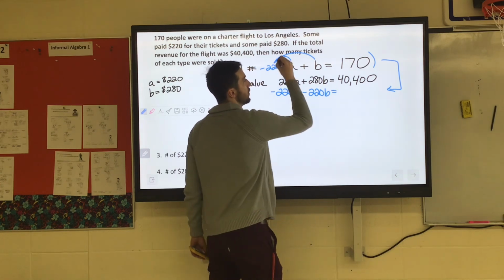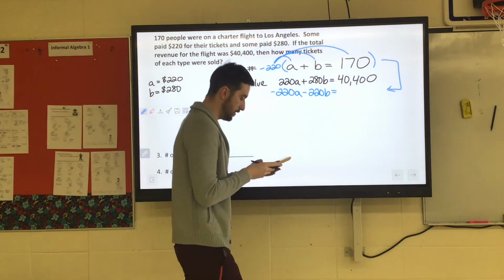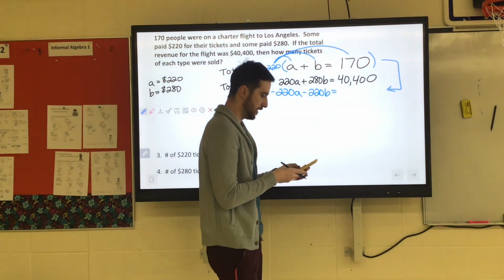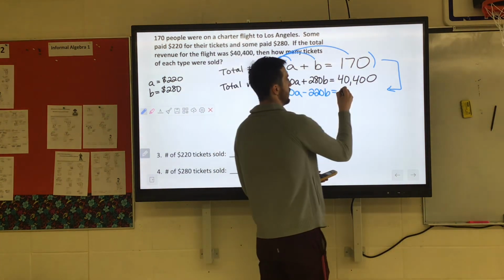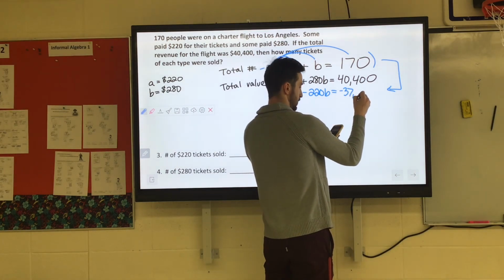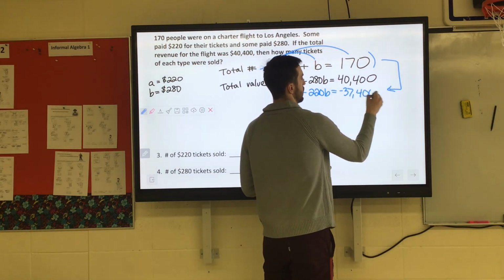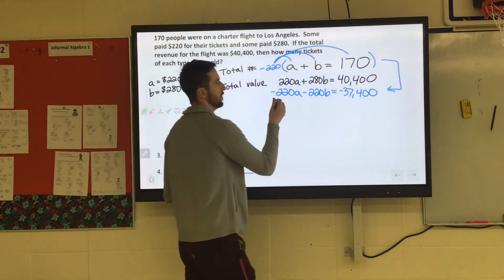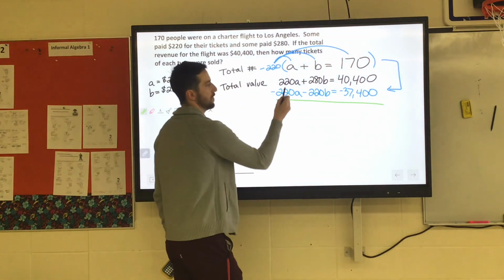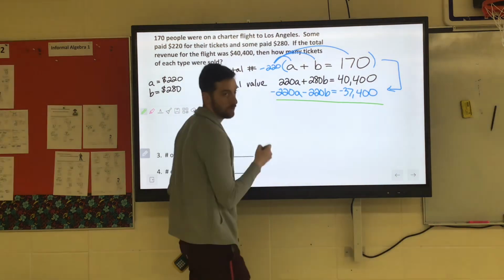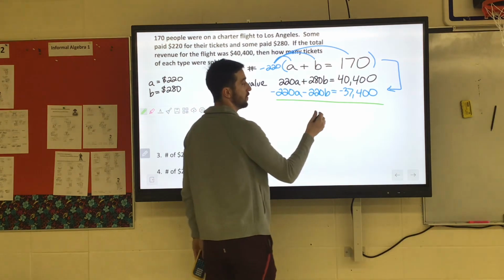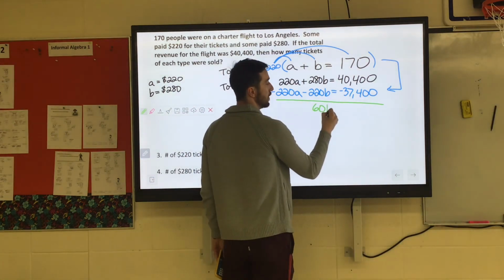And negative 220 times 170, I do not know what that is. Negative 220 times 170. Negative $37,400. Now if you look at what's left, we're able to do elimination because 220A minus 220A is no A. 280B minus 220B is 60B.